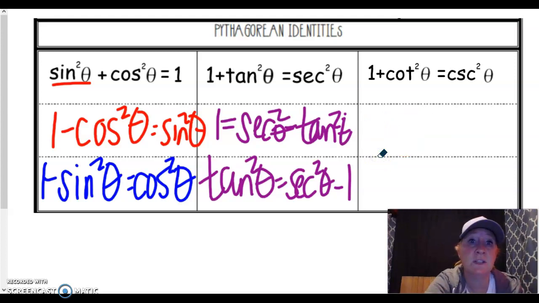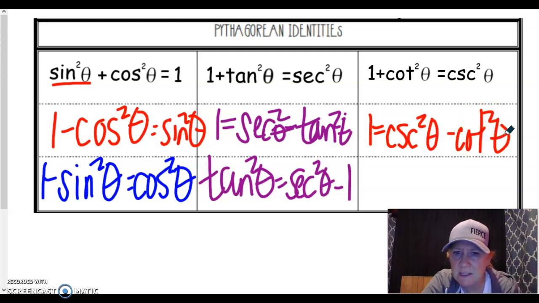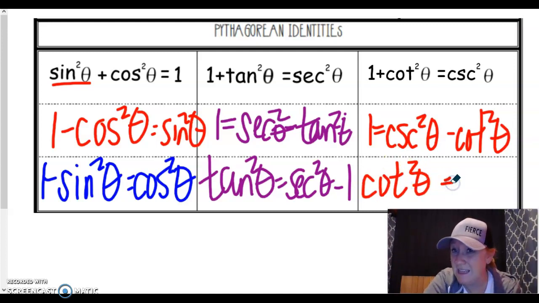So 1 equals cosecant squared theta minus cotangent squared theta. And also cotangent squared theta equals cosecant squared theta minus 1.